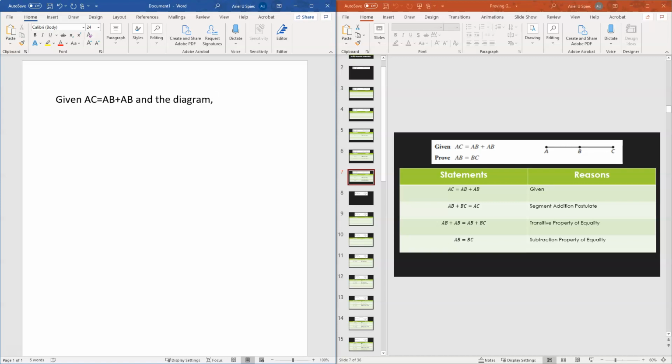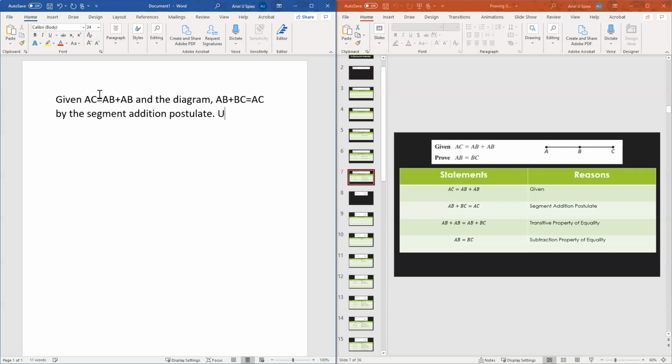Then I could say from there that AB plus BC equals AC, by the segment addition postulate. Then from there, I need to turn it into AB plus AB equals AB plus BC.